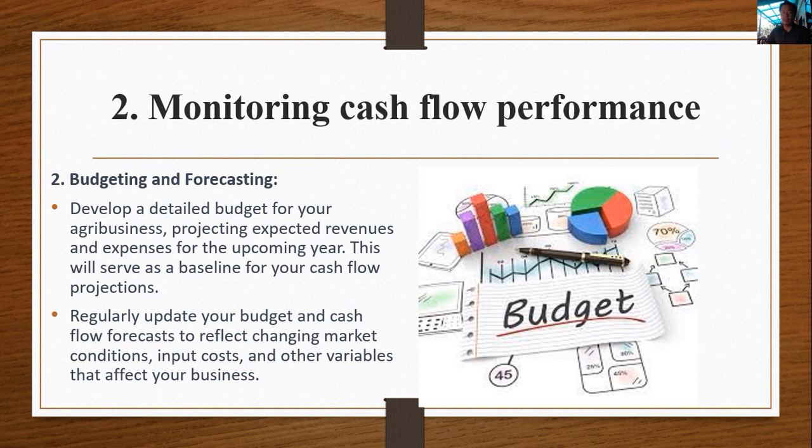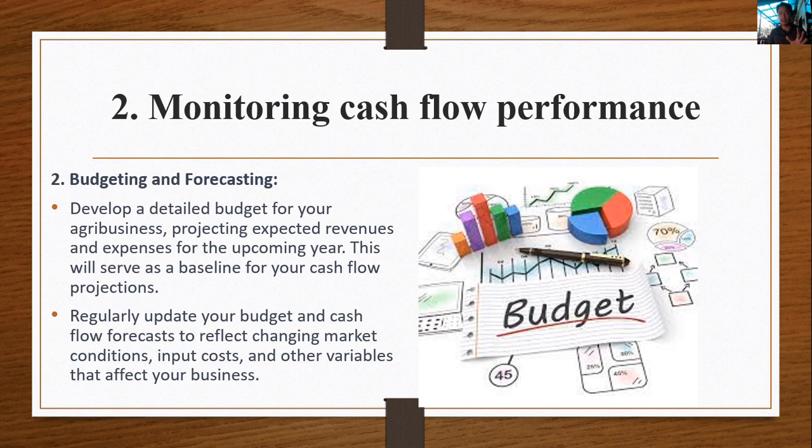Develop a detailed budget for your agribusiness, projecting expected revenue and expenses for the upcoming year. And this will serve as a baseline for your cash flow projection. So regularly, class, update your budget and cash flow forecast to reflect changing market conditions, input costs, and other variables that affect your business.